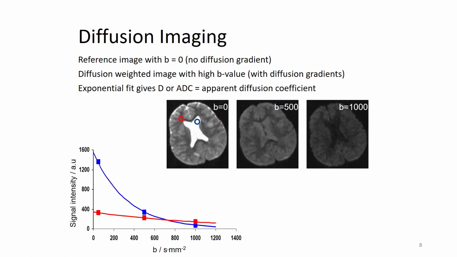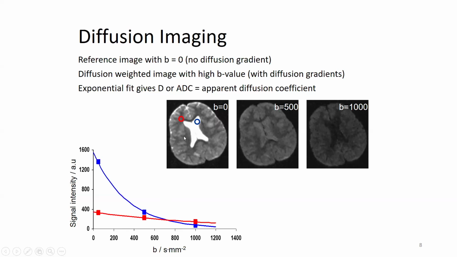And when I now put a region of interest here in the CSF, here in the ventricles, this blue one, you see that in this graph I have the b value on the x-axis, and I have the signal intensity on the y-axis. And I start with a very small b value of about 0, and I have a high signal in the CSF.